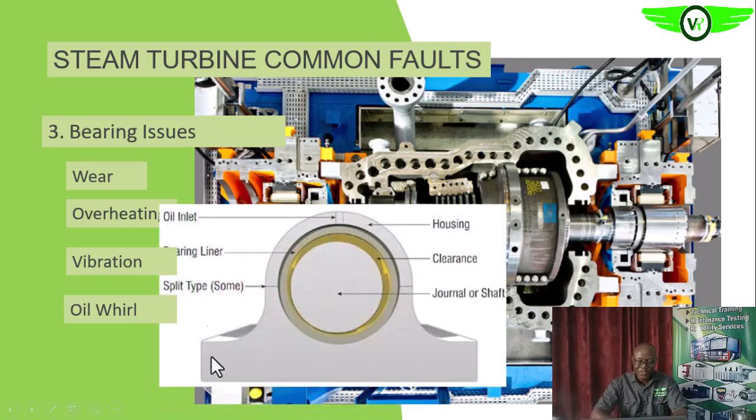Okay, so this is what we are saying. You see that there is a thin film of oil that is always separating the shaft, or the journal of the shaft, from the bearing itself. Are you getting it?